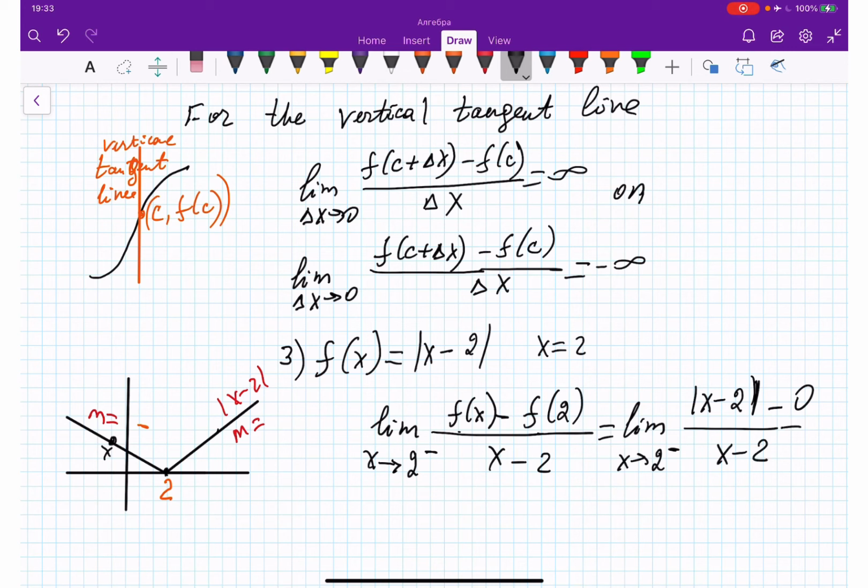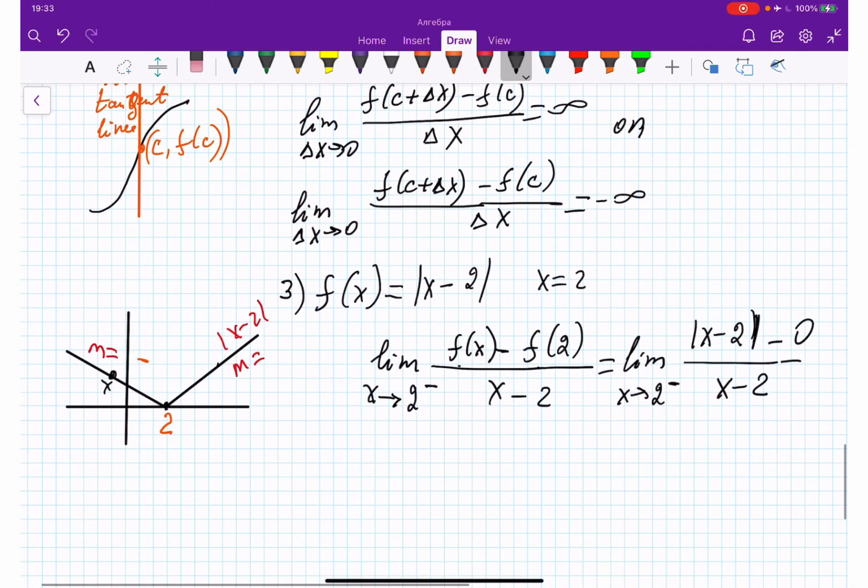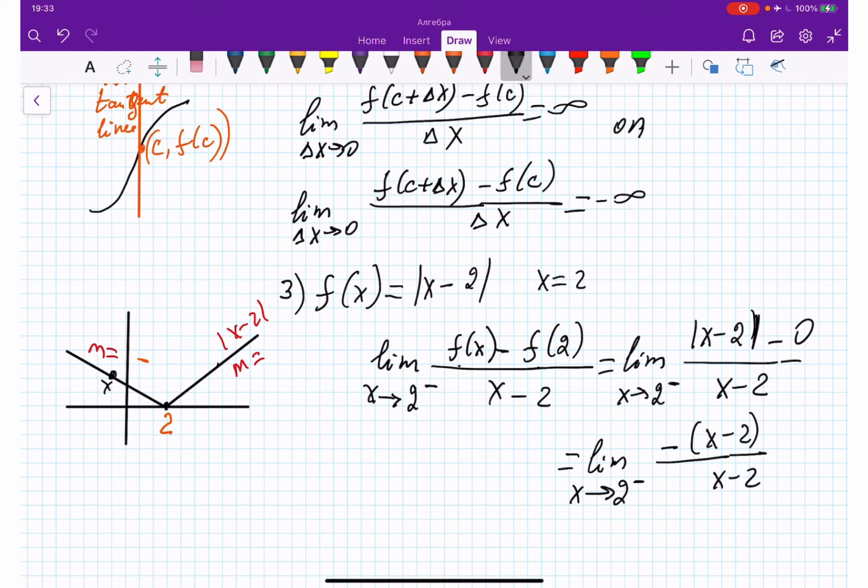Why negative 1? Because it approaches from the negative side, right? If it approaches from the negative side, it's going to be negative x minus 2 over x minus 2.